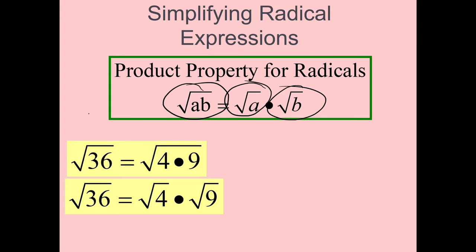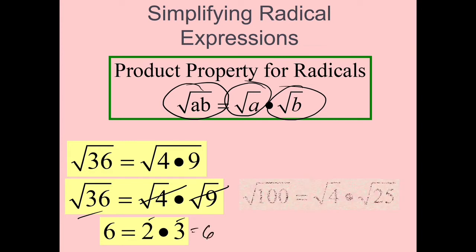So, pwede natin gawin ganito. That is what we call the product property. Okay. Alam natin that square root of 36 is equal to 6. Okay. And then, pag kinuha naman natin yung square root of 4, ang sagot natin ay 2. Square root of 9, ang sagot natin ay 3. And when we multiply 2 times 3, it will also be equal to 6. Ayan. So, the same siya dun sa sagot.